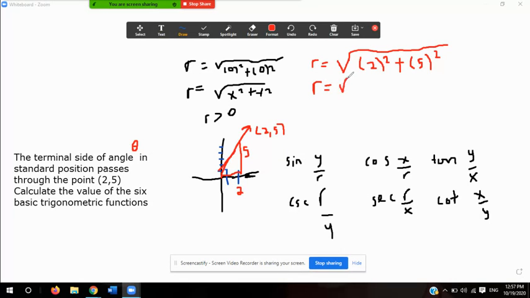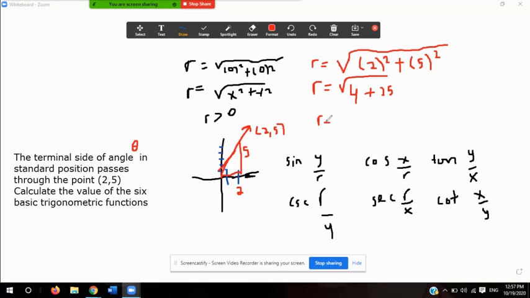So that would be the square root of 4 plus 25, which of course is the square root of 29. So that means that the distance is actually the square root of 29.